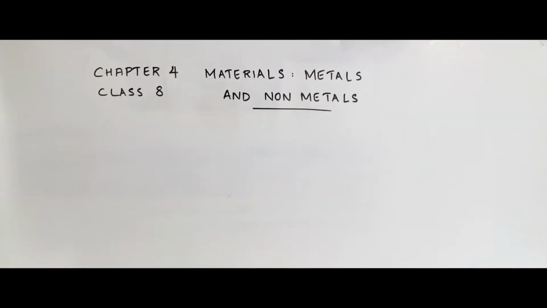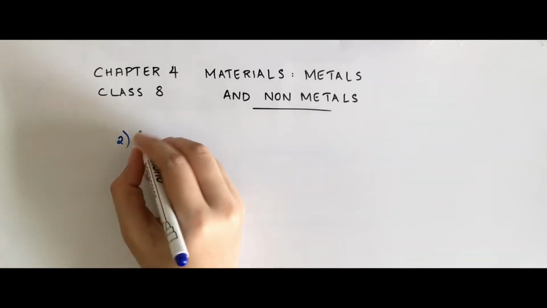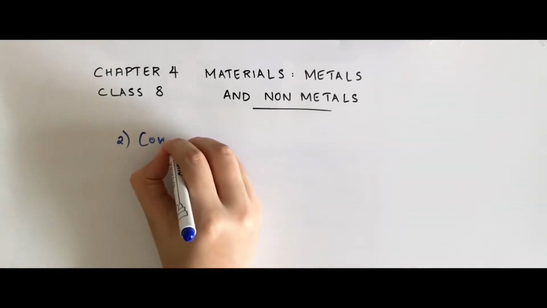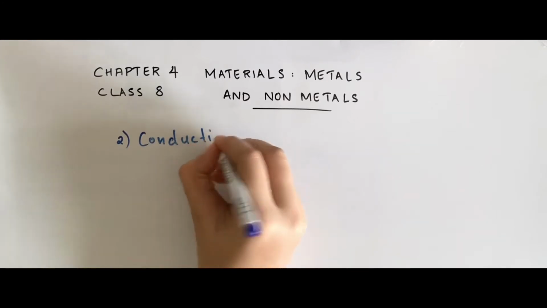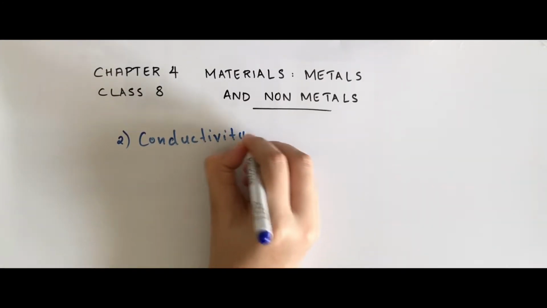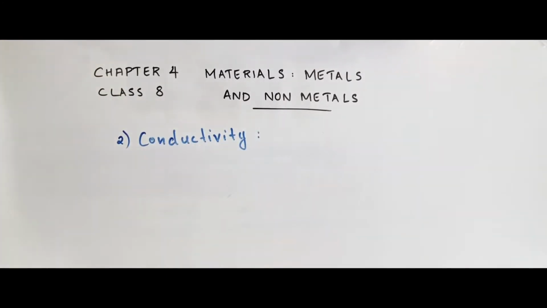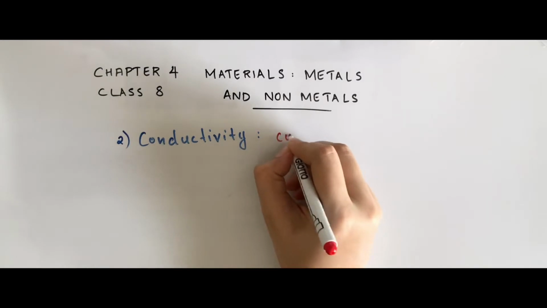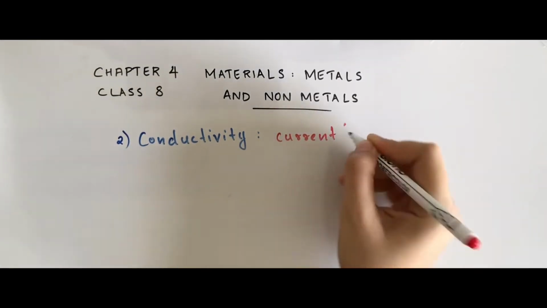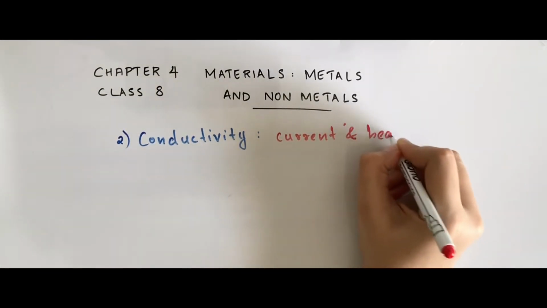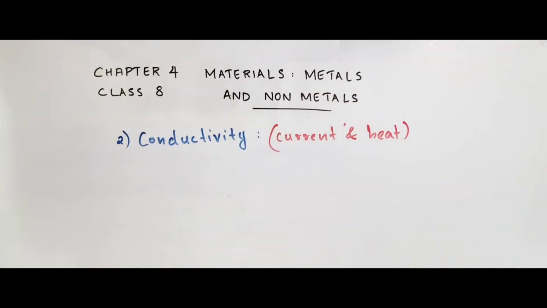Now, what is the second property? The second property will be conductivity. What is conductivity? It is that property of metals which allows current and heat to pass through them easily. They allow both current and heat to pass through them.